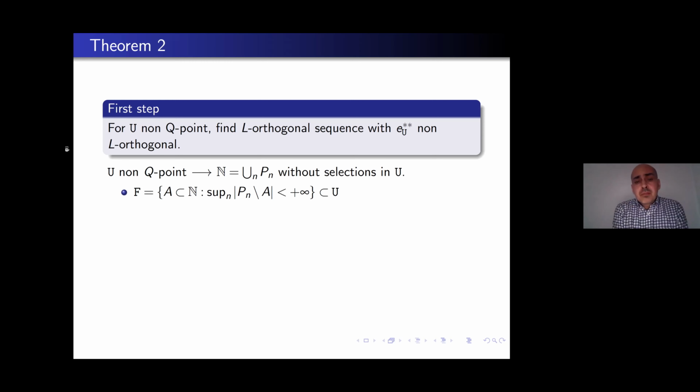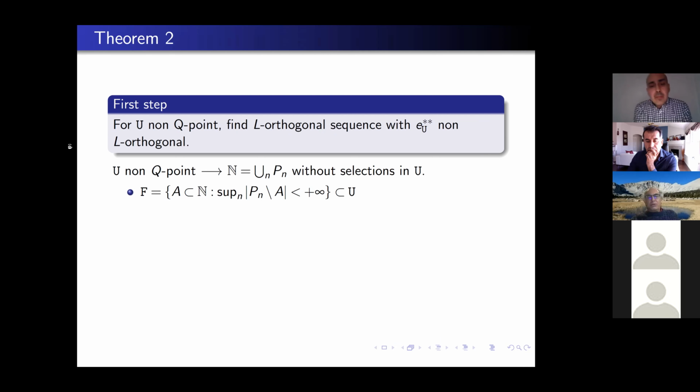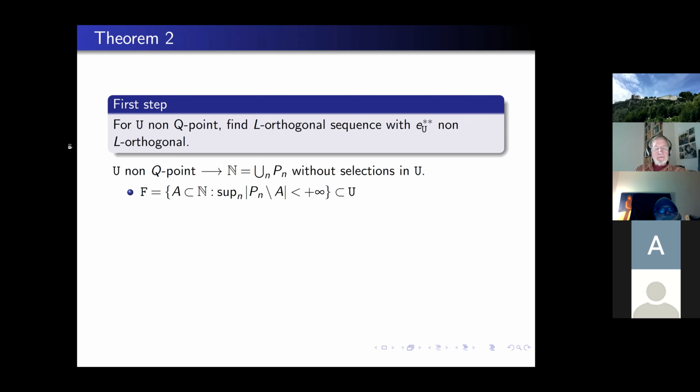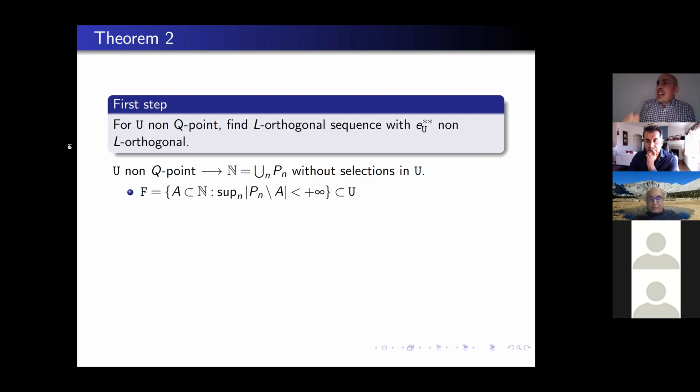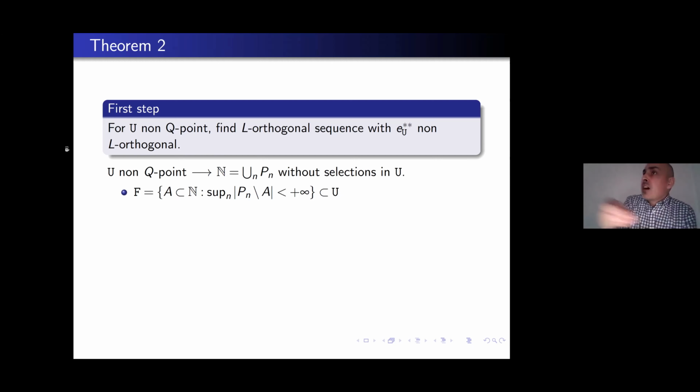So this set is contained in U. Why? Because if some set of this form was not in U, then the complement would be in U. And the complement would be what? The complement would be picking a uniformly bounded number of elements on each piece of the partition.